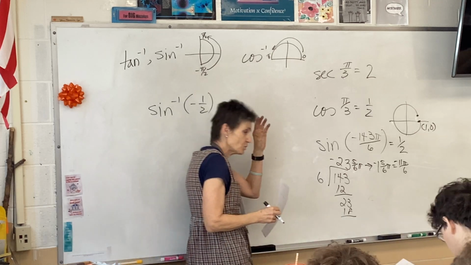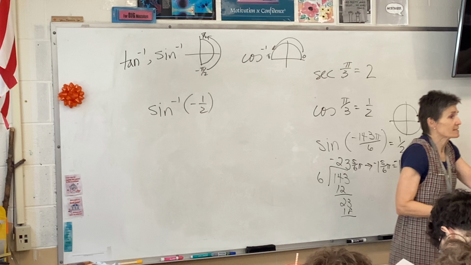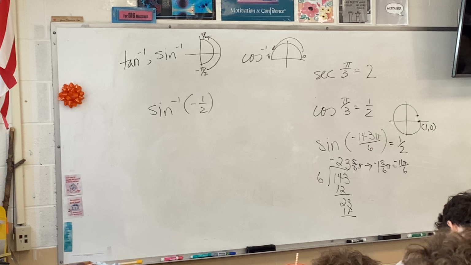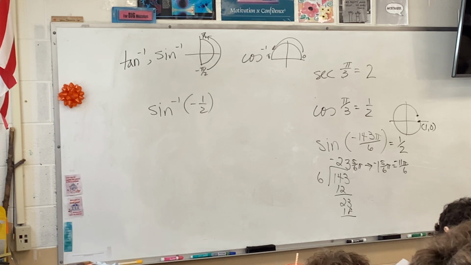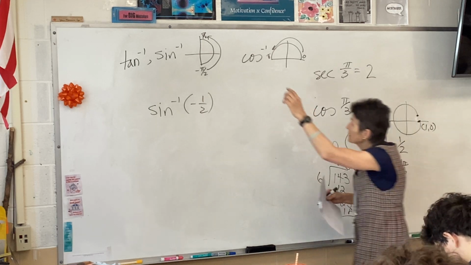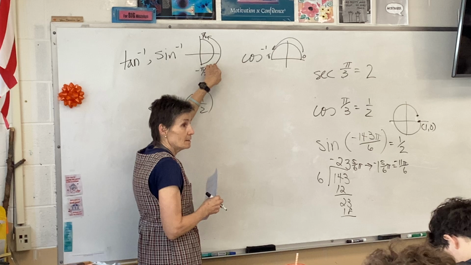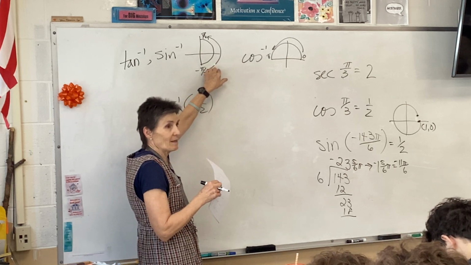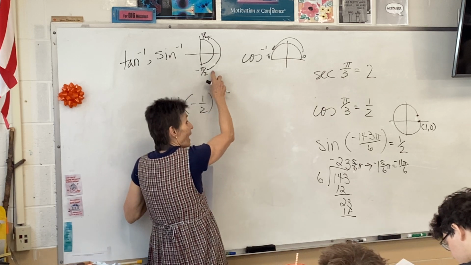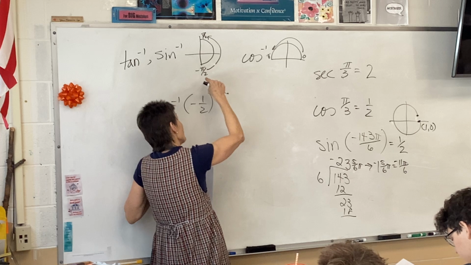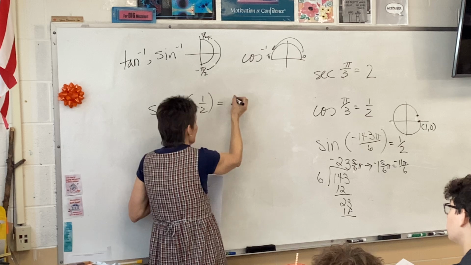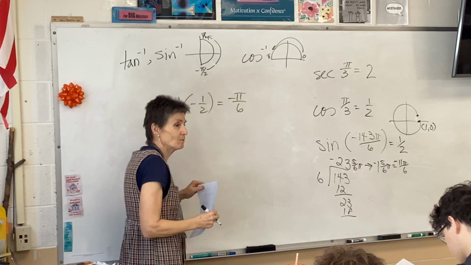You should know at this point that if the sine is a half, the angle is pi over 6. But it's a negative 1/2, so it's got to be in quadrant 4. And I know you're thinking 11 pi over 6. No, you can't think that. You have to think of a pi over 6 angle that's between negative 1/2 pi and positive 1/2 pi. So what's the answer? Negative pi over 6.